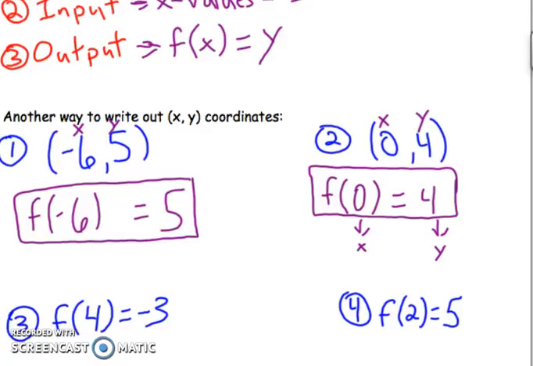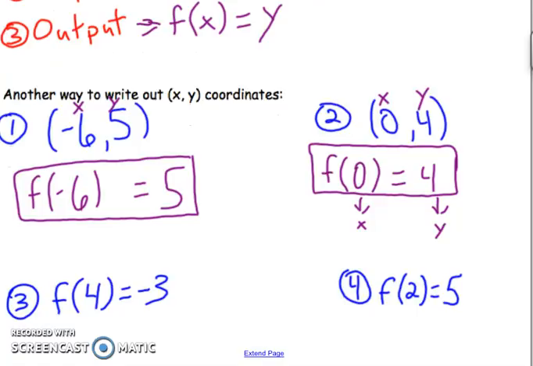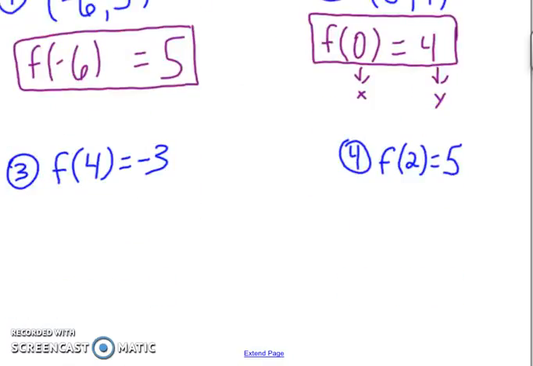And then vice versa, if given function notation, hopefully you're able to see the relationship that the input, I can label here, please be taking these notes, is the x value. And the output is the y value.